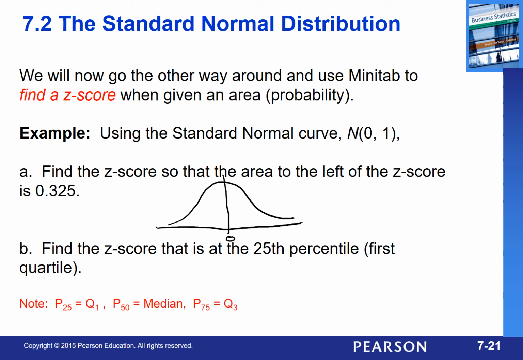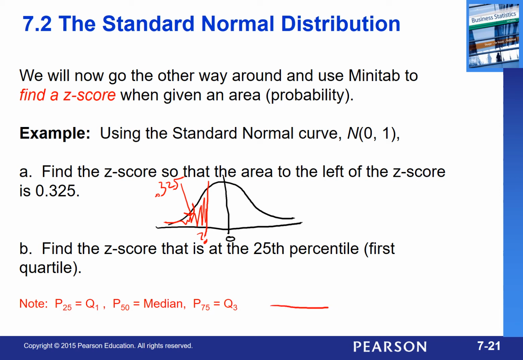We want to find the score, and I'm trying to draw this accurately because I know that this half of the graph is 50%. I don't know the score, but I know this area is 0.325. So I'm trying to find the score that associates with that. It's kind of like going backwards. I know a probability, I want to find a score.